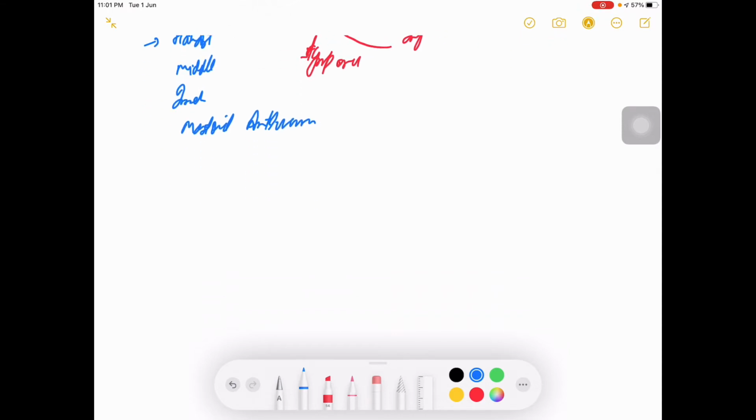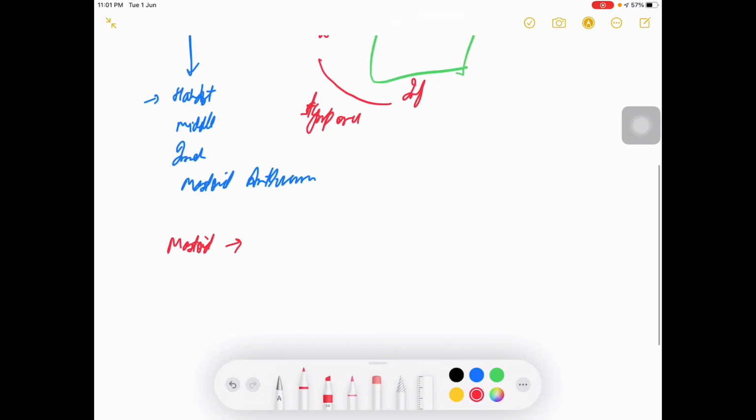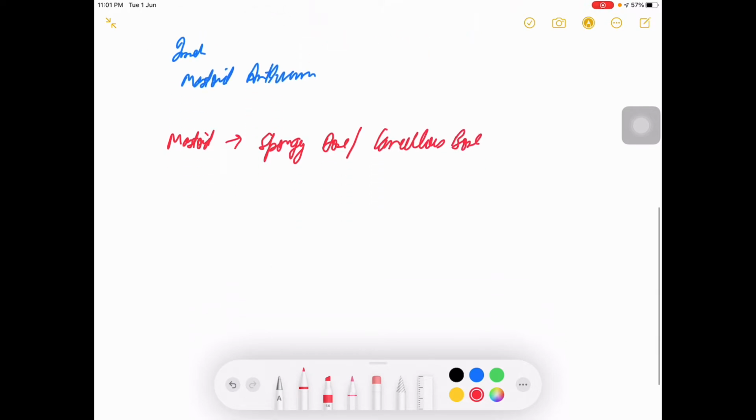The thing over here is that mastoid is not forming the mastoid antrum, but petrous is. Remember that mastoid is spongy in nature. It's a spongy bone, also known as cancellous. Mastoid is not itself a separate bone, but it's a part of the tympanic.